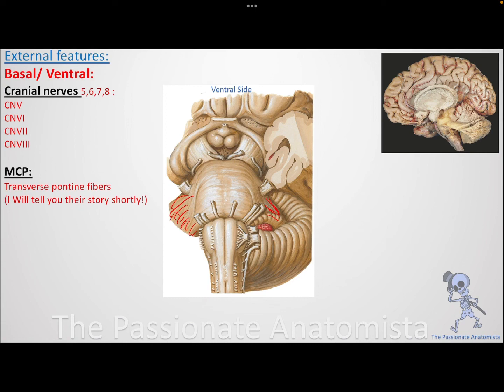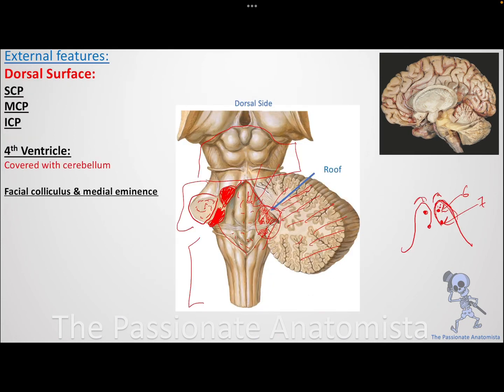So we're going to send fibers from the cortex to the cerebellum, and we're going to talk about that in the cerebellum later on, and we're going to see how the cerebellum is connected to the cerebrum, and how these fibers are coming and going up and down, and that is going to be explained later on. So this is basically what you can see from the dorsal aspect of the pons.